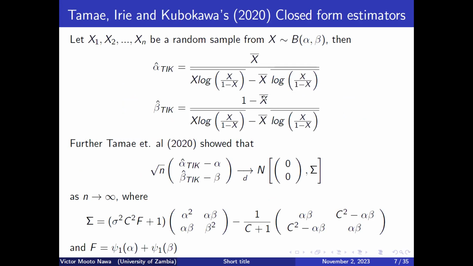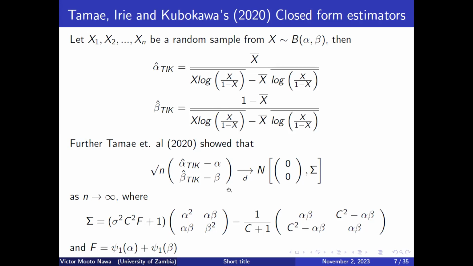Basically, these estimators are functions of the mean of log of x over 1 minus x, and the mean of x log of x over 1 minus x. So these are the closed form estimators proposed by Tamae, Iri, and Kubokawa.